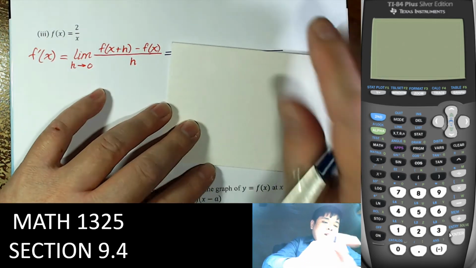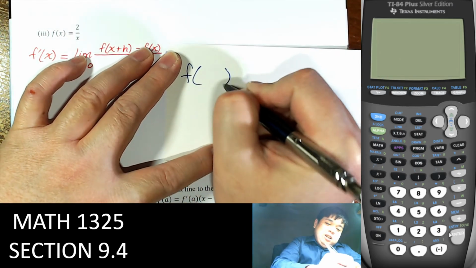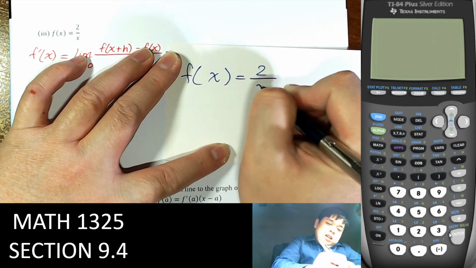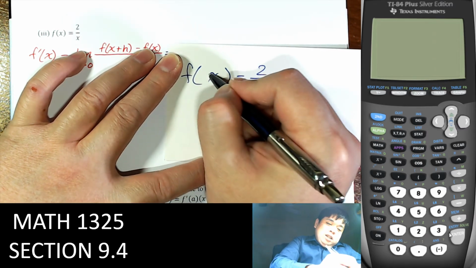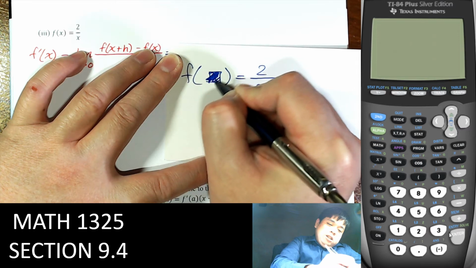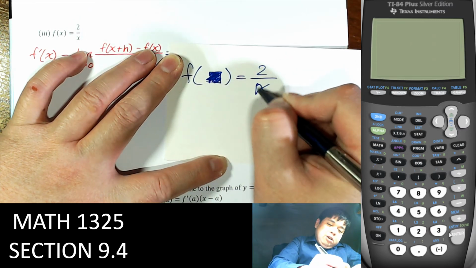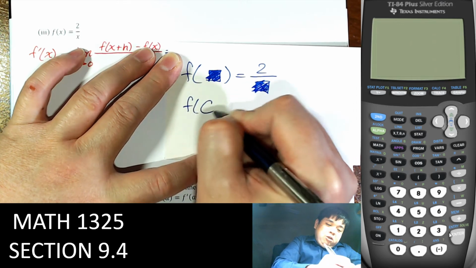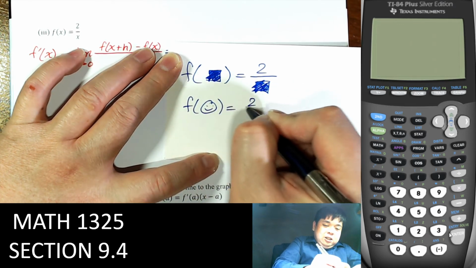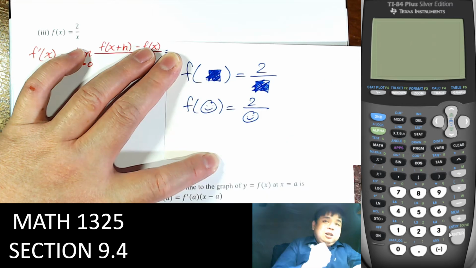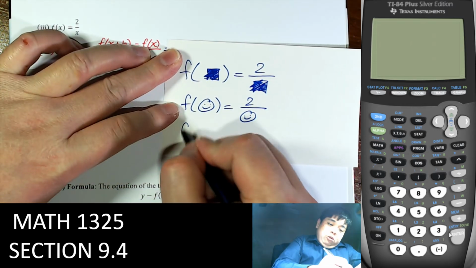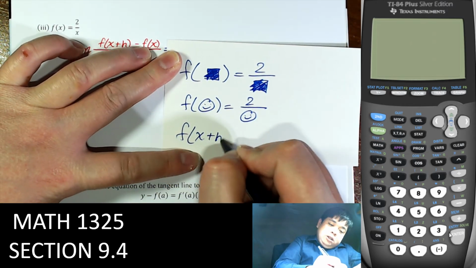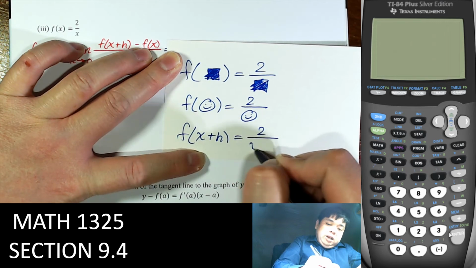Once again, remember the problem where instead of x, let's say we have a box, and now we have the box. If we have the smiley face, now we have x plus h, then it will be x plus h.